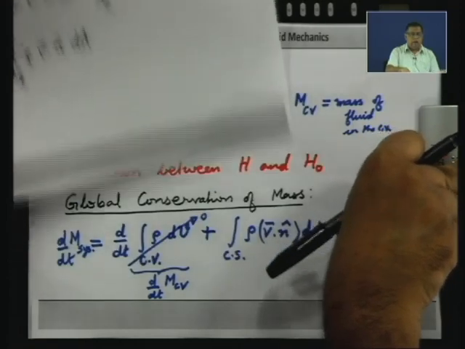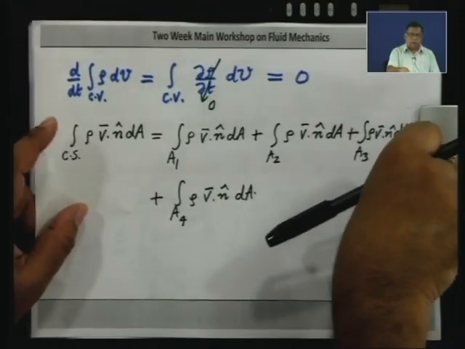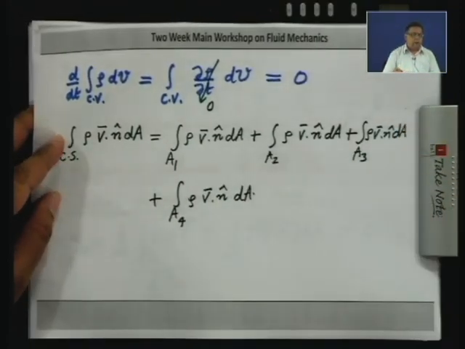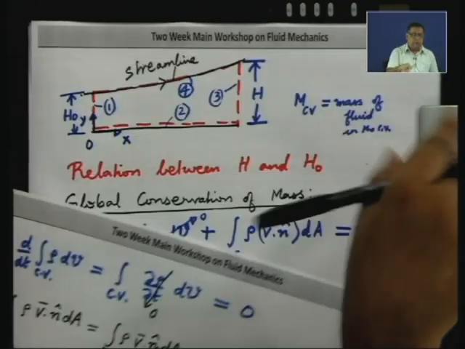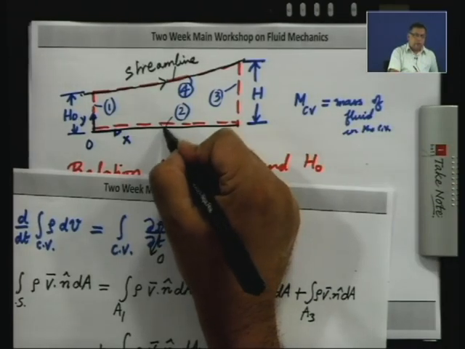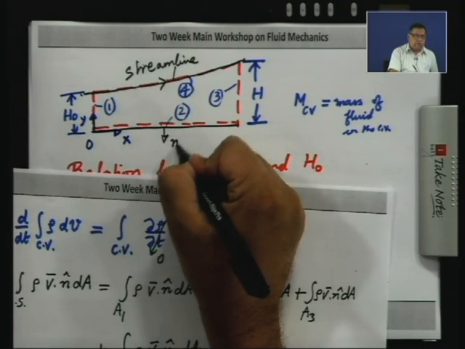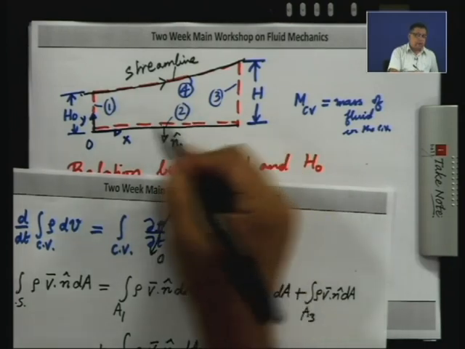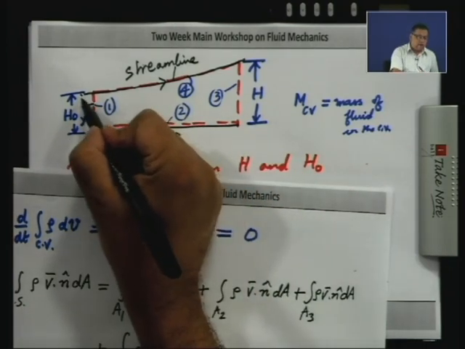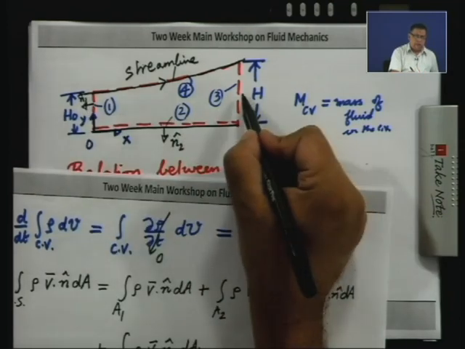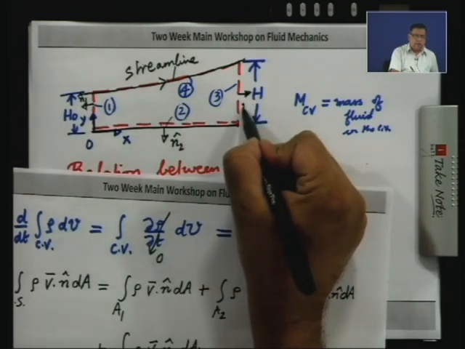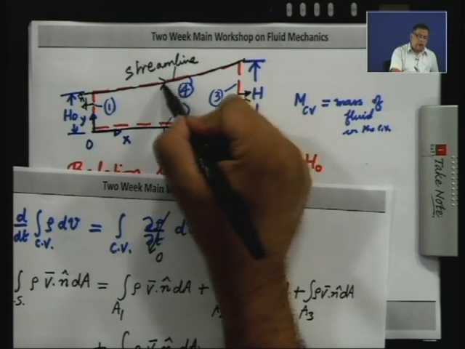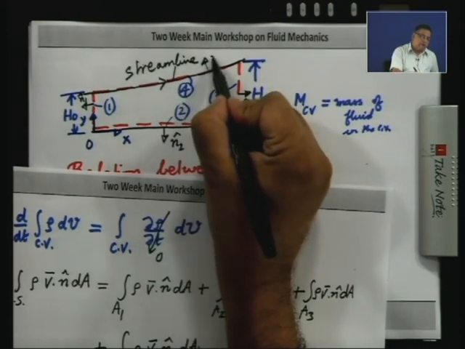Now, v dot n may be 0, plus or minus. If we go back to this figure here, N2 is the outward normal here, N1 is the outward normal here, N3 is the outward normal here, and N4 is the outward normal here.